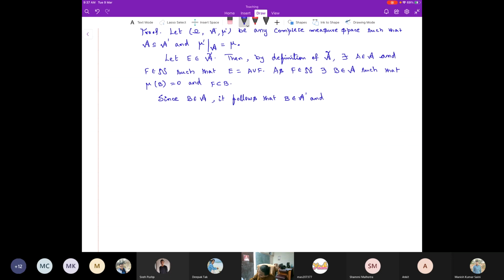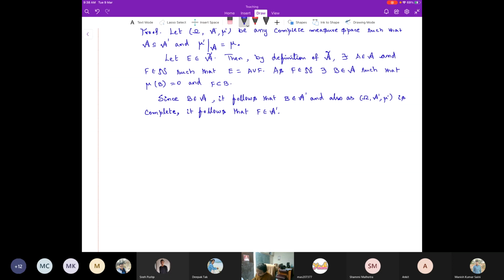And also as omega, A dash, mu dash is complete, it follows that F belongs to A dash. That is by the definition.